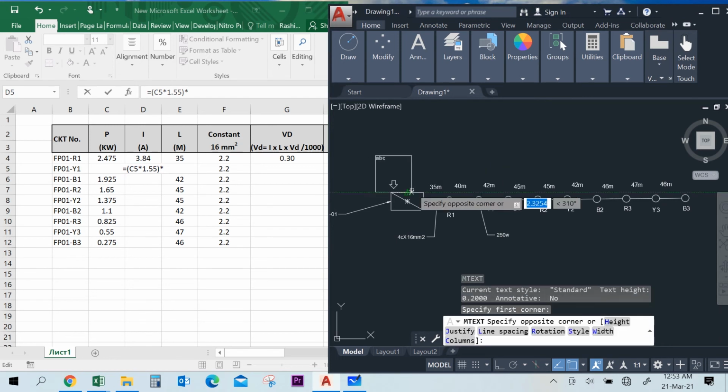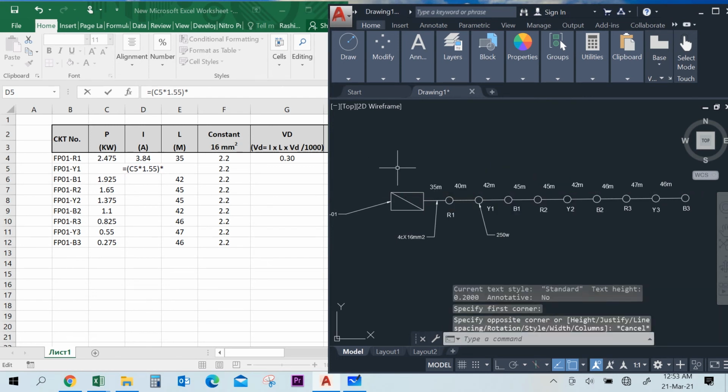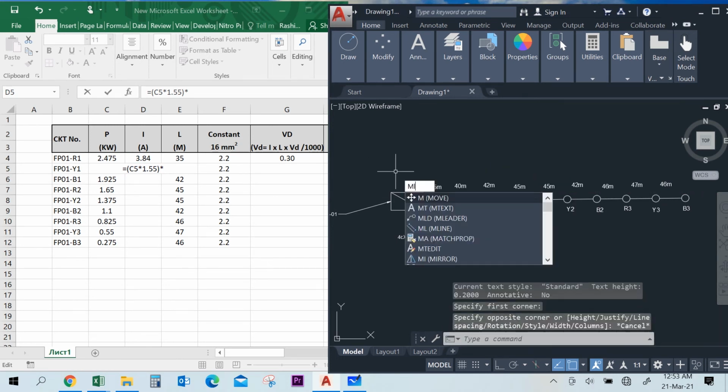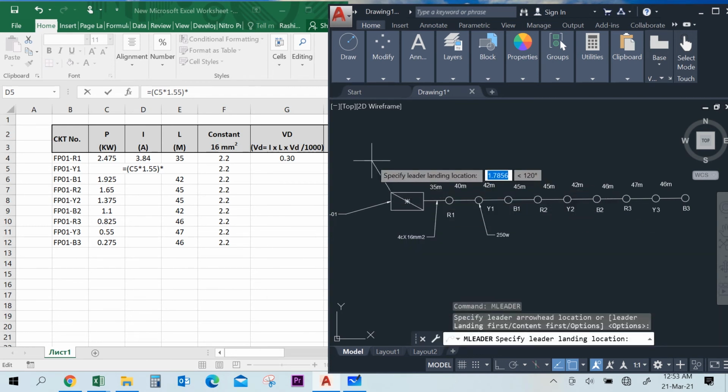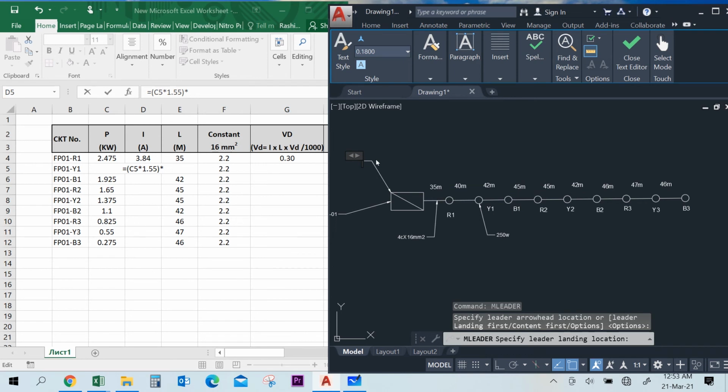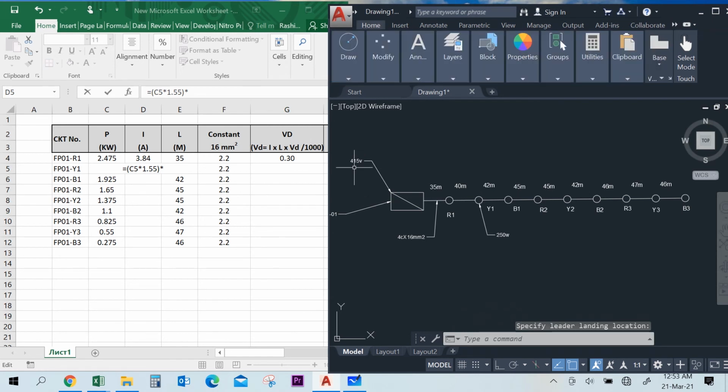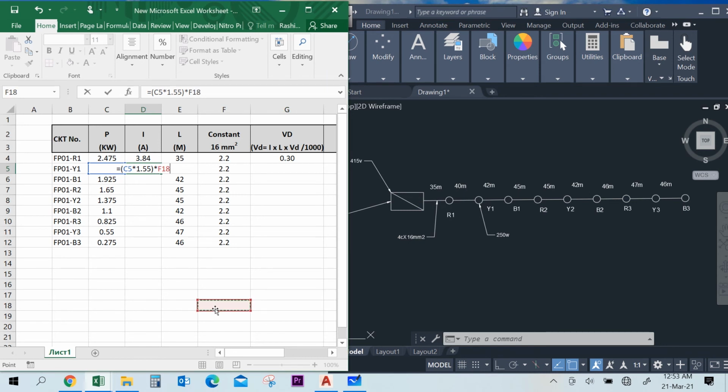So now the source is R1. Here the source is R1. Before, the source was the feeder pillar, that is 415. Now the source is R1 for Y1 point. So now the source voltage becomes 414.7, because if we subtract 0.30 from 415, you will get 414.7.